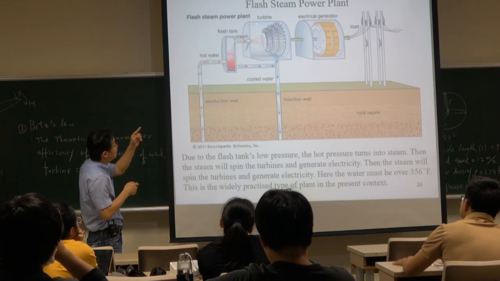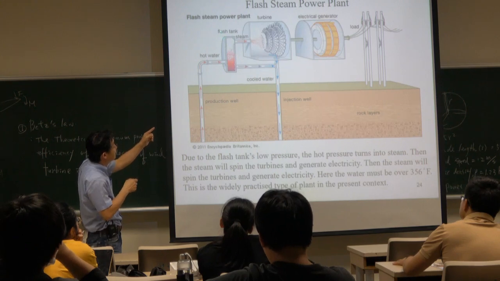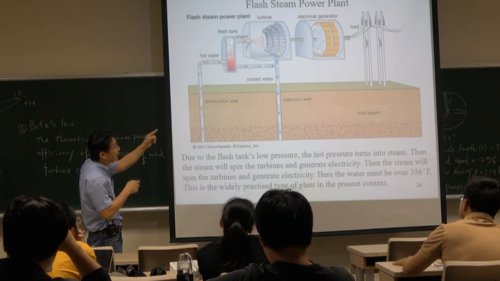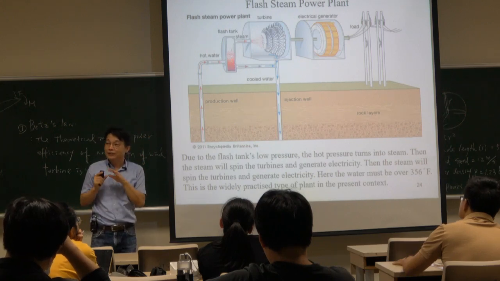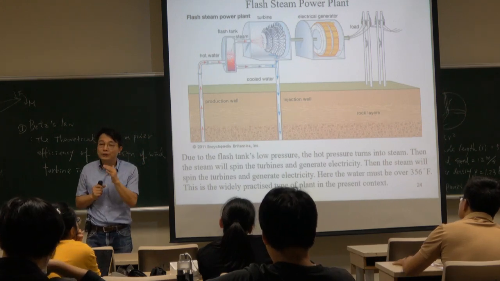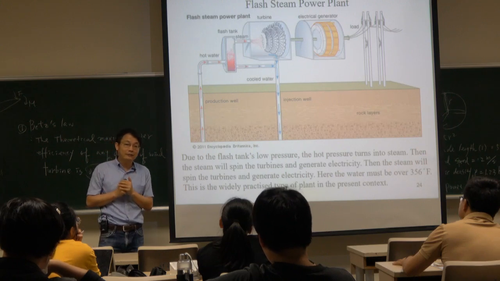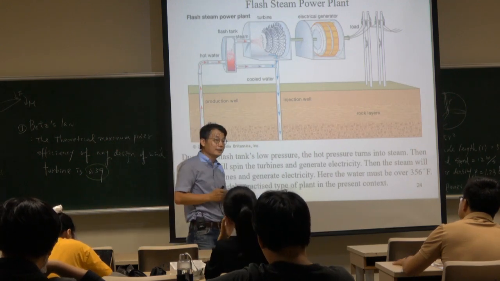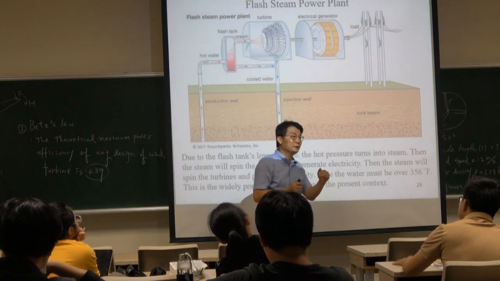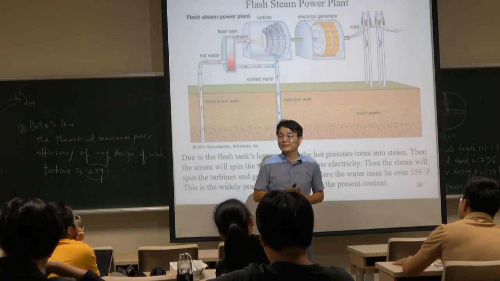So if we create a flash tank, this flash tank has a low pressure. With the low pressure flash tank, we can use a lower temperature to generate the steam, right?